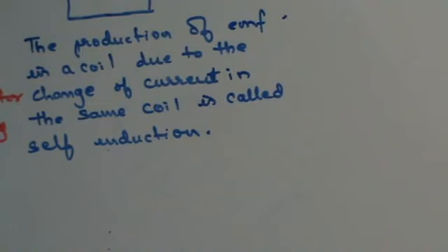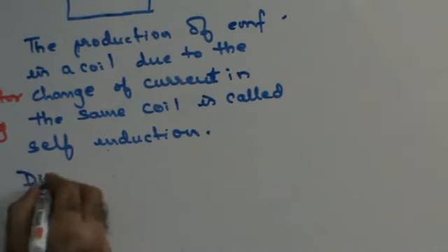The direction of the EMF induced in this coil is going to be given by Lenz's law. What does Lenz's law state? It states that the direction of the induced EMF will be such that it will oppose the change in current.